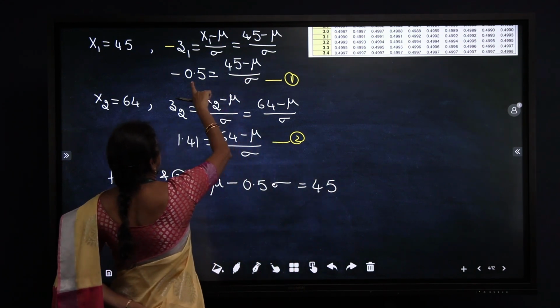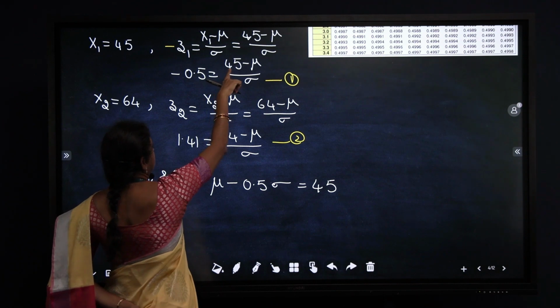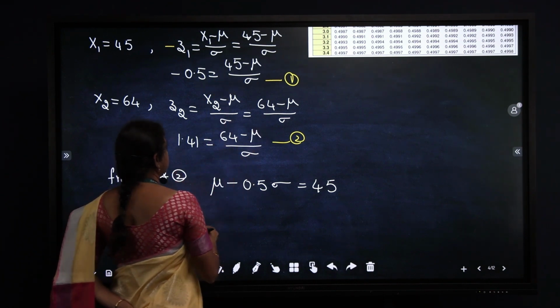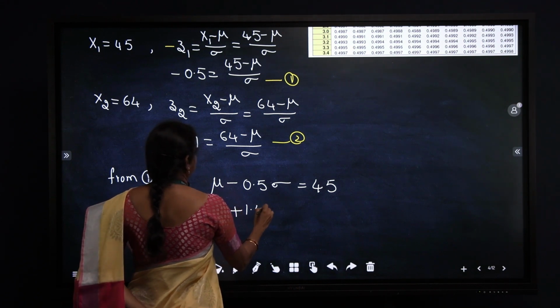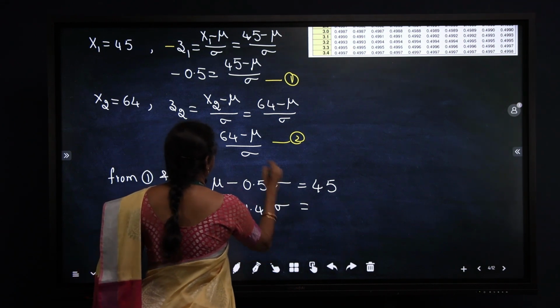Here mu minus 0.5 sigma is equal to 45, and the second equation we can write as mu plus 1.41 sigma is equal to 64.